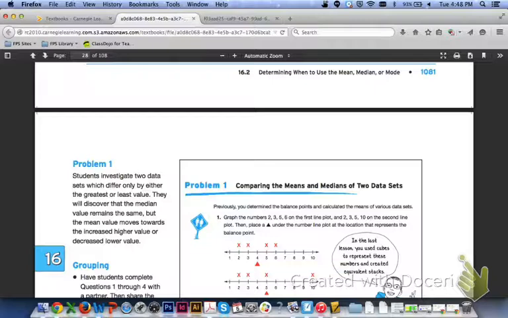Whereas for the second one, where we have 2, 3, 5, and 10 graphed, 5 would be the balance point. 3 is 2 away from 5. 10 is 1, 2, 3, 4, 5 spots away from 5. And 2 is 1, 2, 3 spots away from 5.